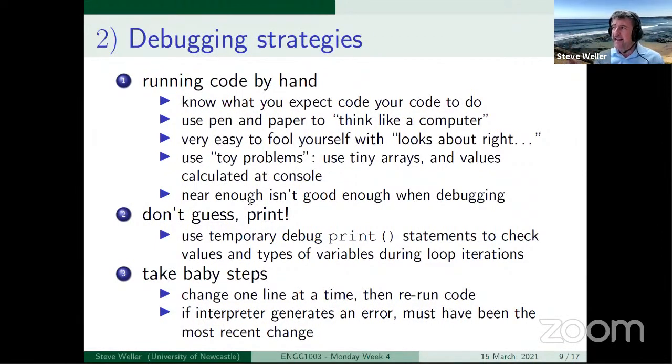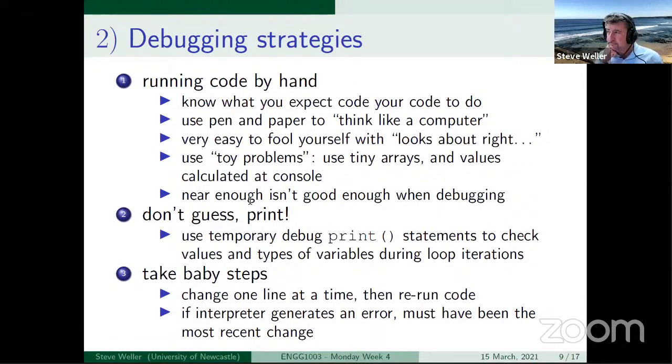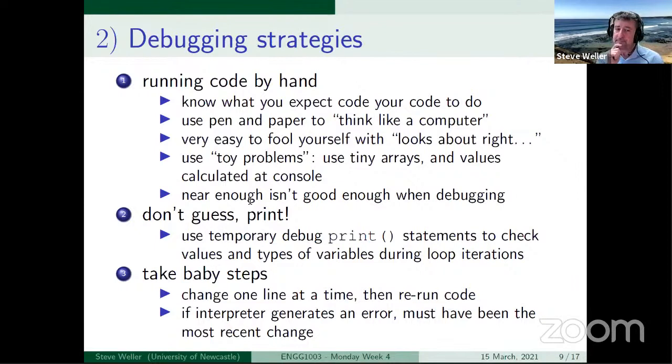In general, finding an error in a 100-line program is a challenge. But if your program ran when it was 99 lines long and you've added just one line, you know where to look for the problem. It's in the one line that you just added.